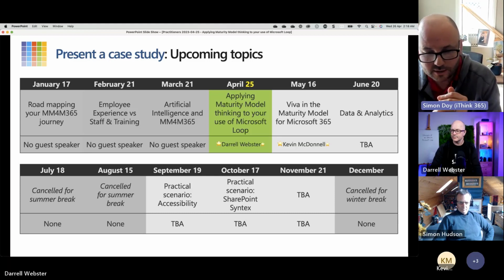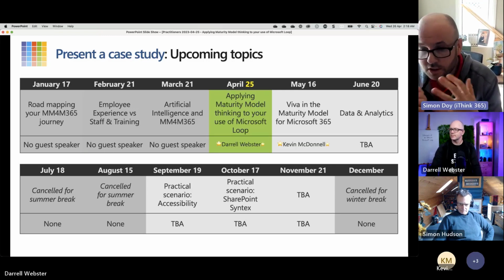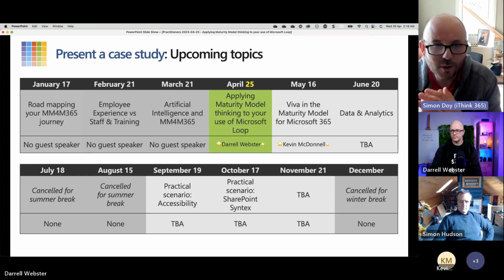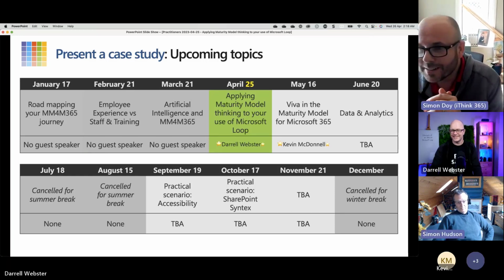I think syntax is locked in, accessibility, and in September we're looking for a rock star, and also for data analytics. And I know there are some discussions with some rock stars around the data analytics one as well. But if you've got a suggestion for a topic in November, please let us know. Otherwise we will come up with something. It's got to be Copilot, hasn't it? I imagine. But anyway, there we go. Right. Anyway, next slide.